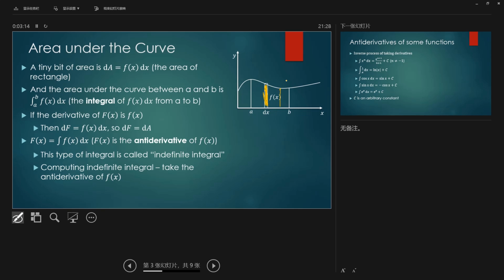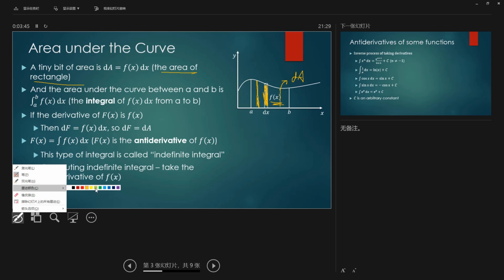It's like here, which is dA equals f(x) times dx, a rectangle. It could be just this small.